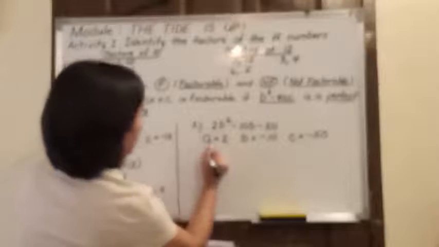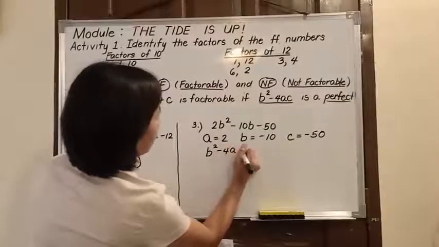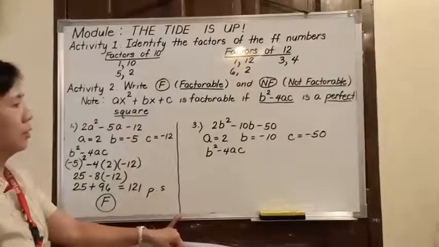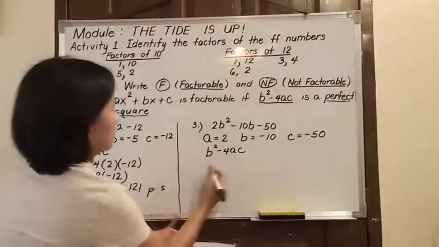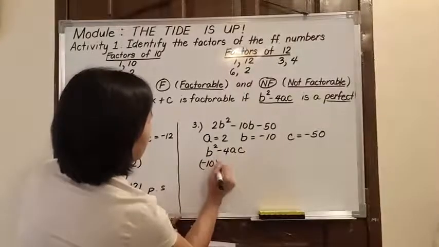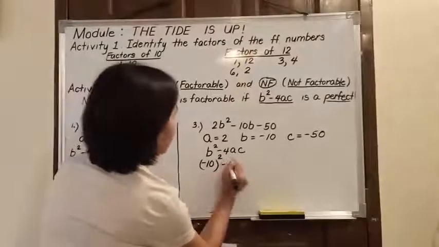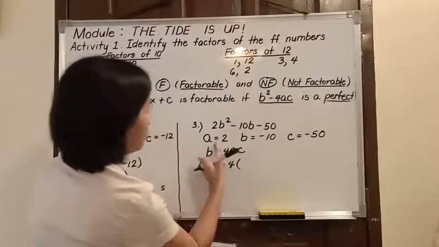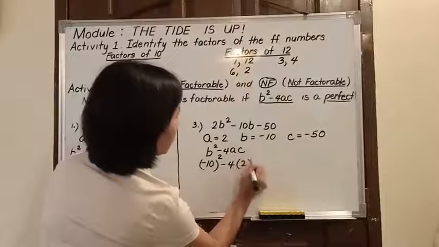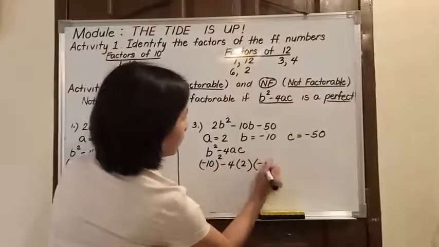So again, by using b squared minus 4ac, let us substitute all the values. b is negative 10. Substitute negative 10 in terms of b, and that is squared. Then bring down negative 4 times the value of a, which is 2, times the value of c, which is negative 50.